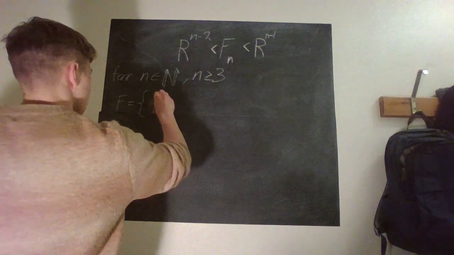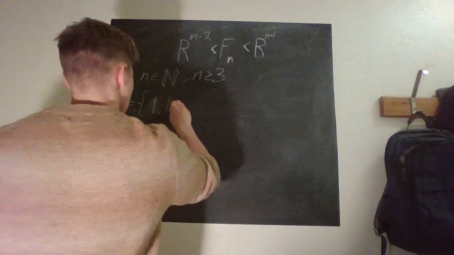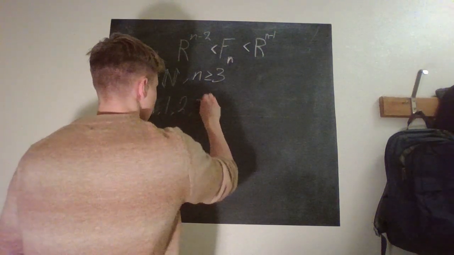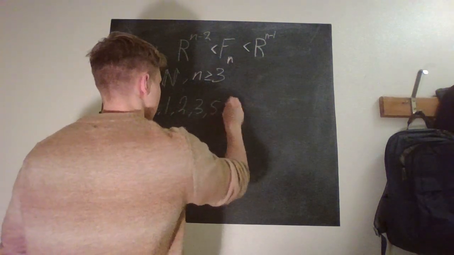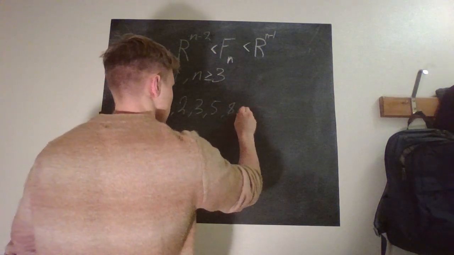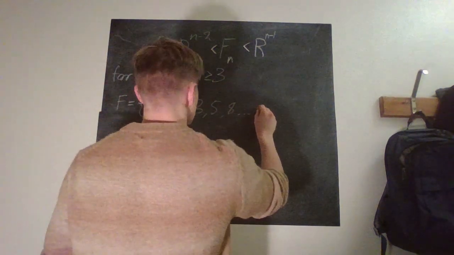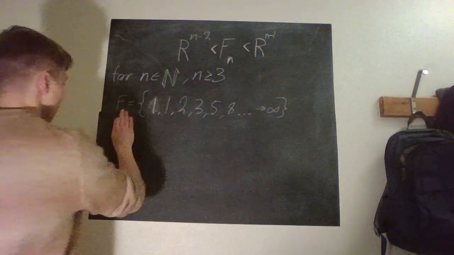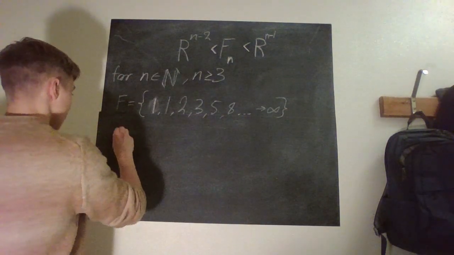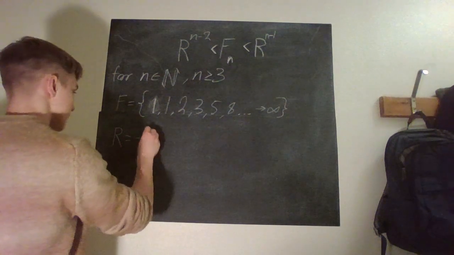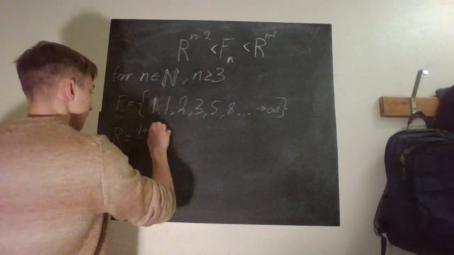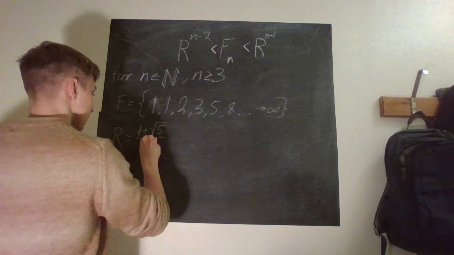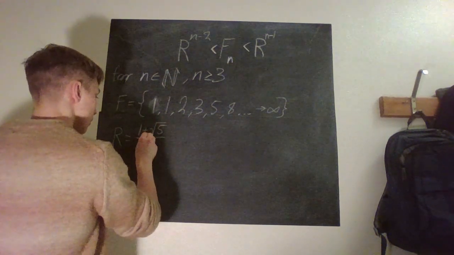Okay, so it goes 1, 1, 2, and then 3, 5, 8, and so on, towards infinity. And the golden ratio, what is that? That is 1 plus the square root of 5 over 2.